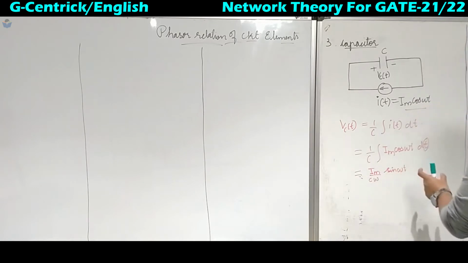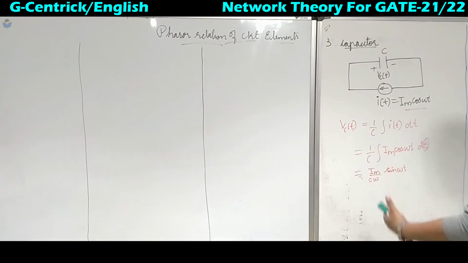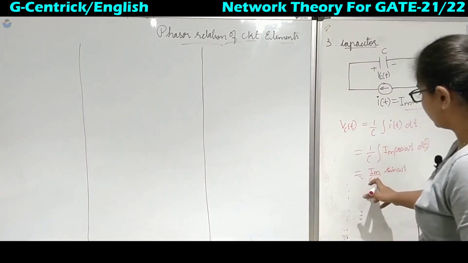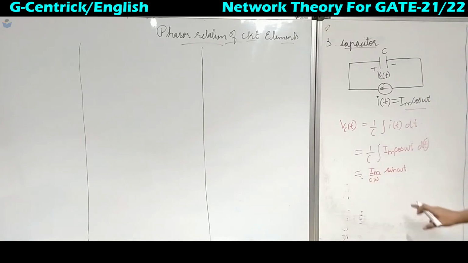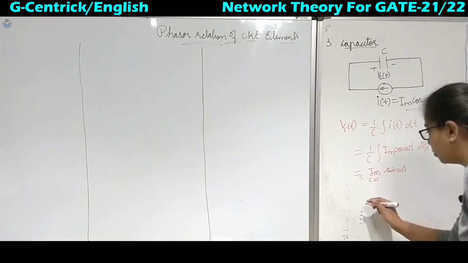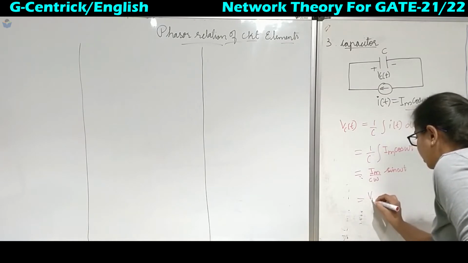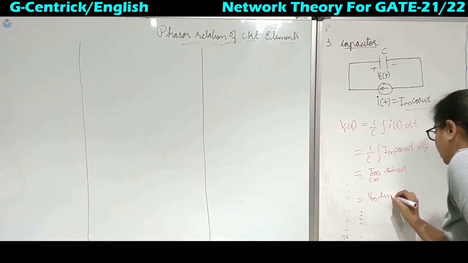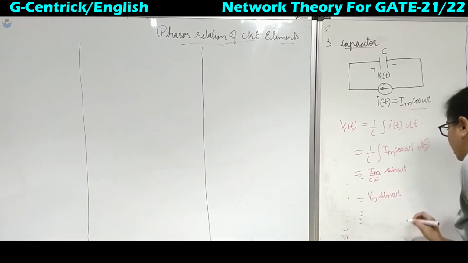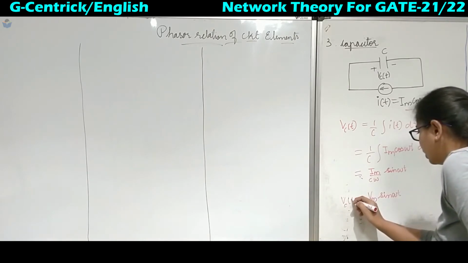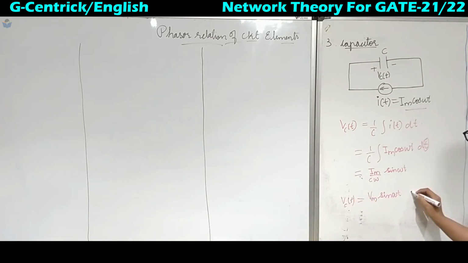If it was differentiation then it would have come in the numerator, but since it is integration, it will come in the denominator. So this Im by C omega, we can replace it with Vm sine omega t. So this is Vc of t, where Vm is equal to Im upon C times omega.